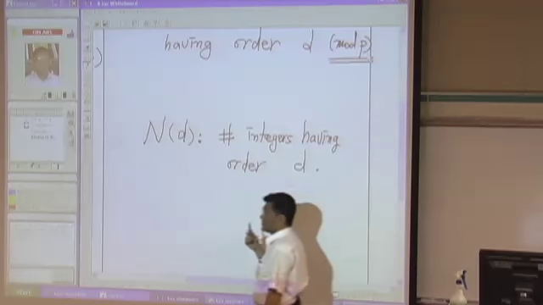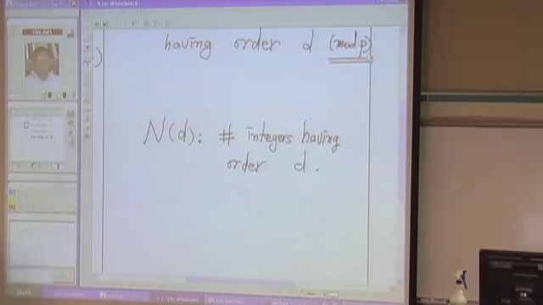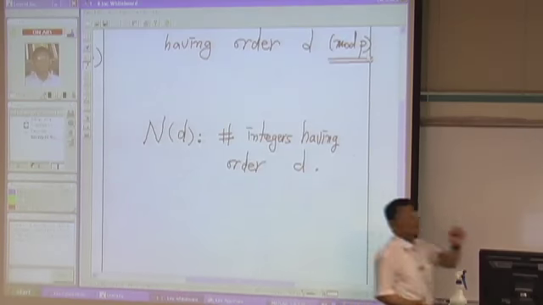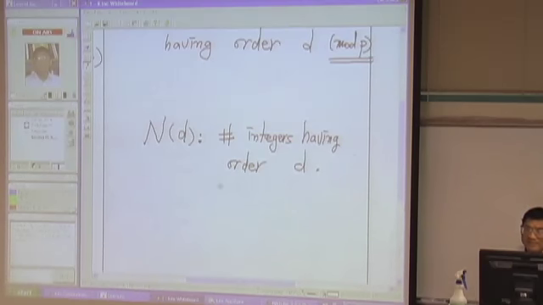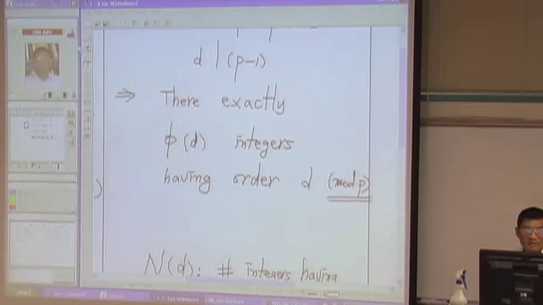For instance, n of 5 means what? The number of integers having order 5, right? Then we add these things for possible d's. D should divide p minus 1, right?